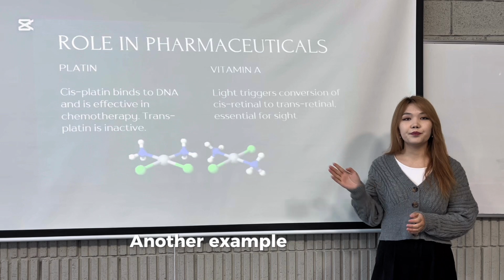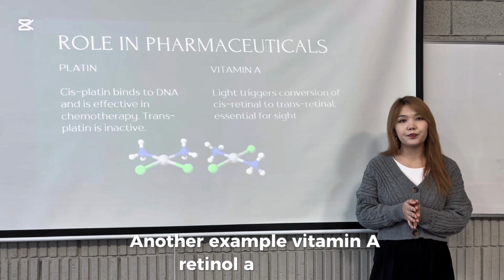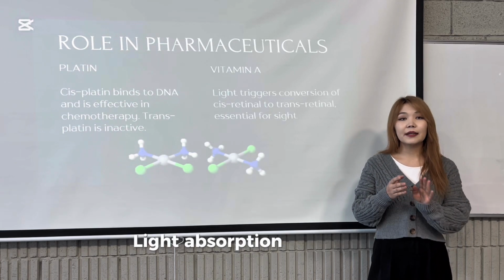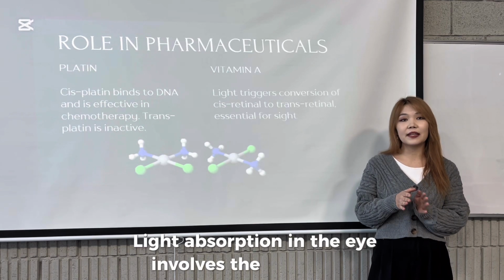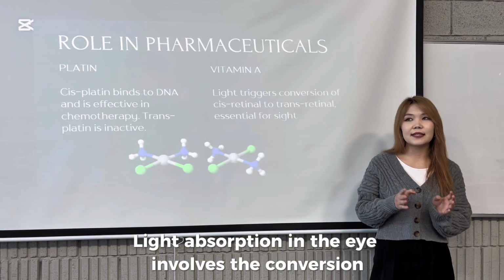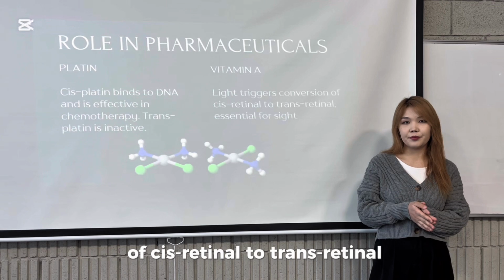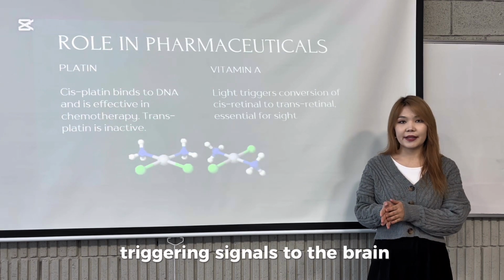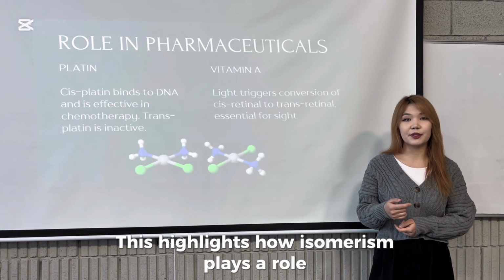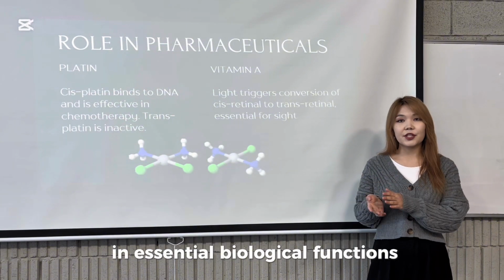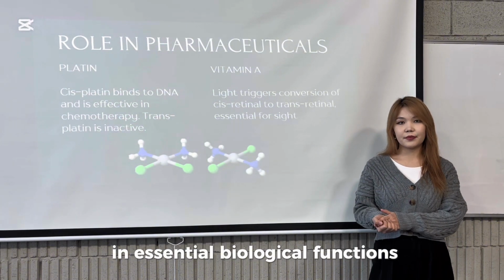Another example, vitamin A, retinol. Vision. Light absorption in the eye involves the conversion of cis-retinal to trans-retinal, triggering signals to the brain. This highlights how isomerism plays a role in essential biological functions.